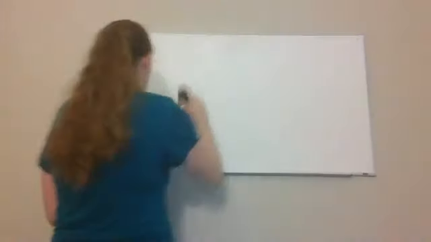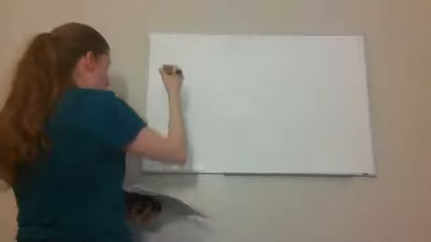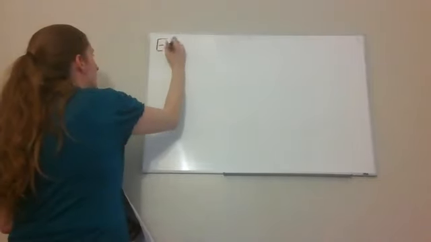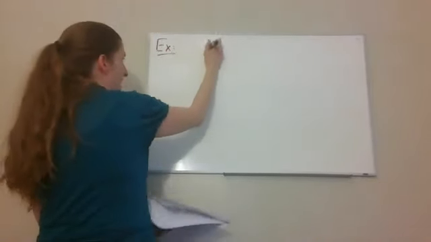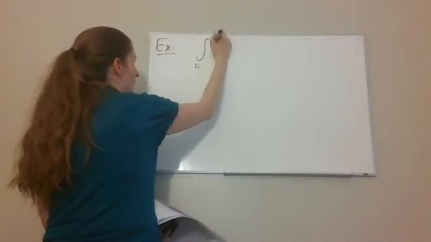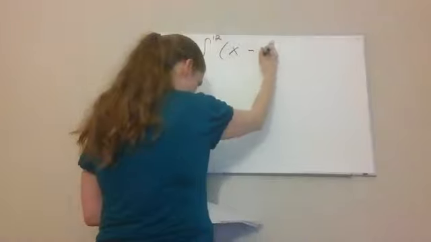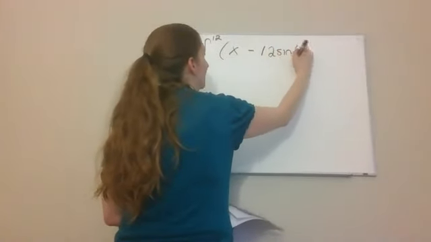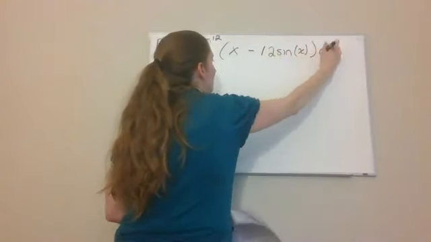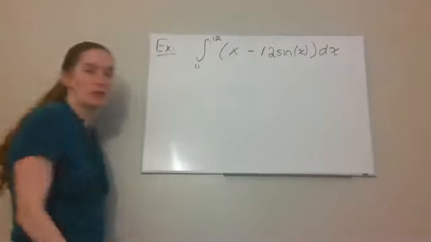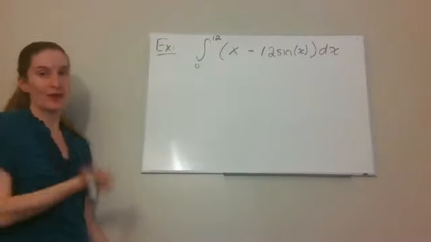So 2 more of these. How about the definite integral from 0 to 12 of x minus 12 sine of x? So this one we're going to have to remember one of our trig antiderivatives, but I think we can do it.